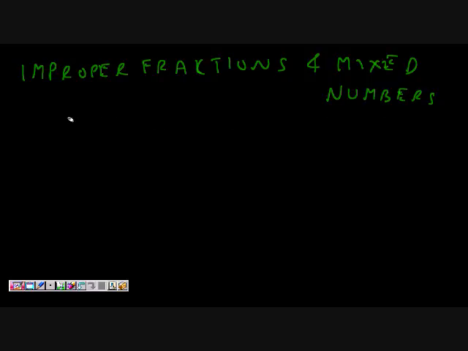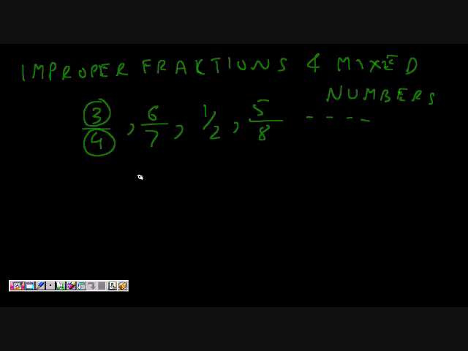So till now we have seen examples of fractions like 3 by 4, 6 by 7, half, or 5 by 8, and so on and so forth. As you can see, in each of these cases, the numerator is less than the denominator.